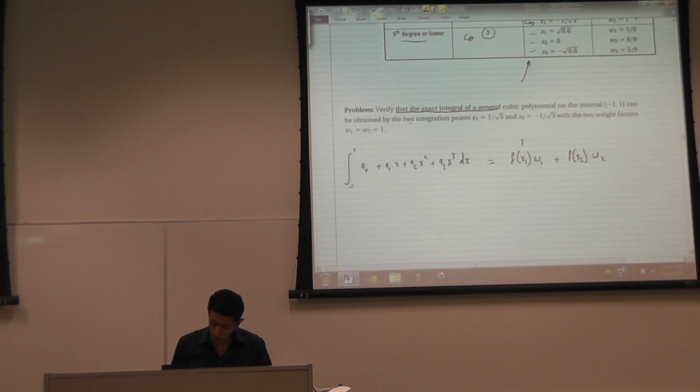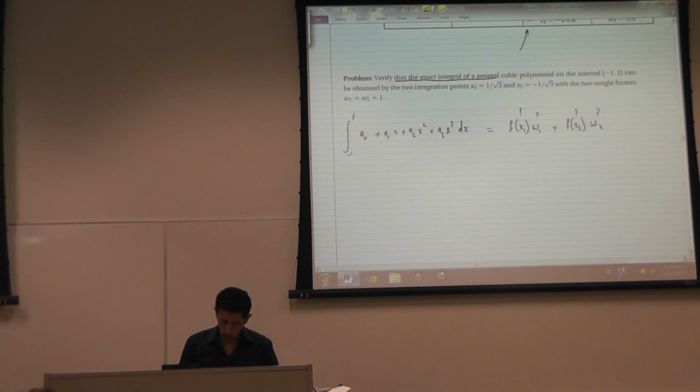And I would like to know x1, w1, x2, w2. So the integral is equal to A0 plus A1 multiplied by 0 plus A2 over 3, here's 2, multiplied by 2 plus A3 multiplied by 0.